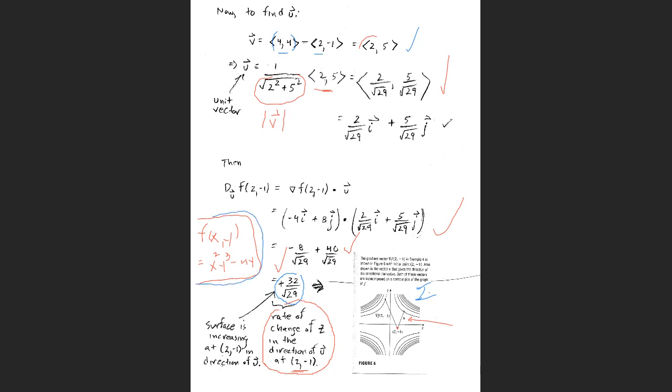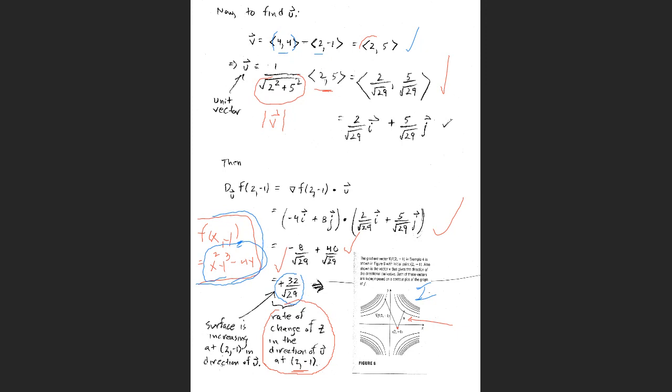What happens to the x and y values as you move in the direction of v in quadrant 1? They increase. And what happens to the function? It's x squared y cubed minus 4y. As x and y get large, what's that surface going to do as you move out in the first quadrant? It's going to increase in z. Absolutely. It's kind of obvious.